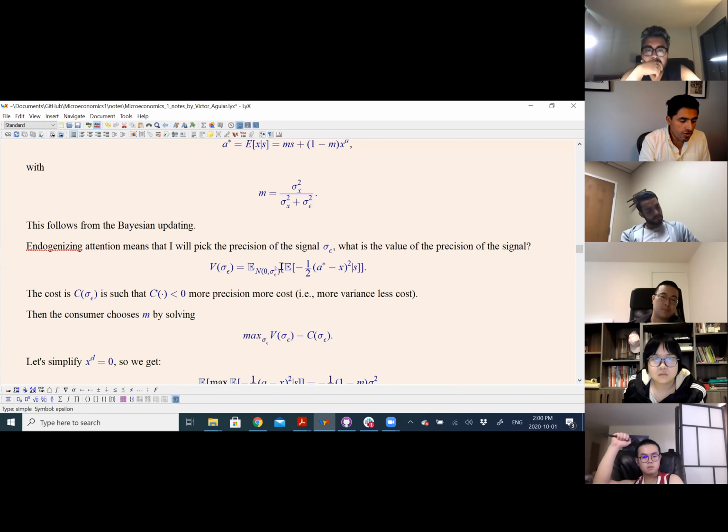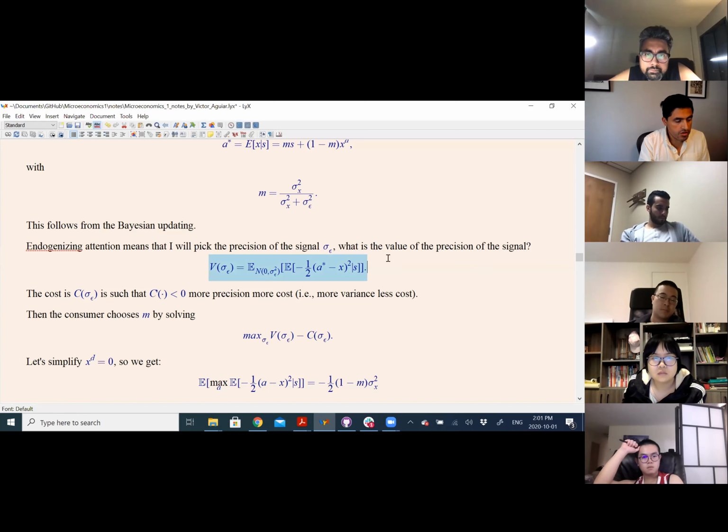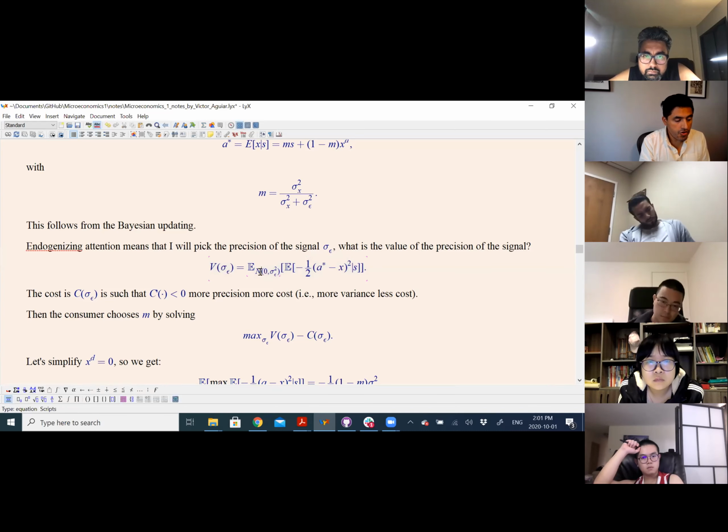So the value of choosing that particular precision is going to be V of sigma epsilon, which is, of course, given the sigma epsilon, this defines the normal, a particular distribution with that variance. And then remember, I have inside this expectation conditional on S, and here you see a star. A star is the optimal value of the action already.